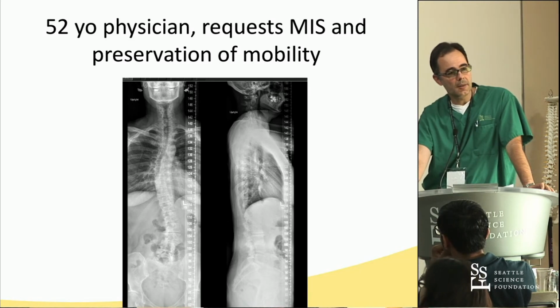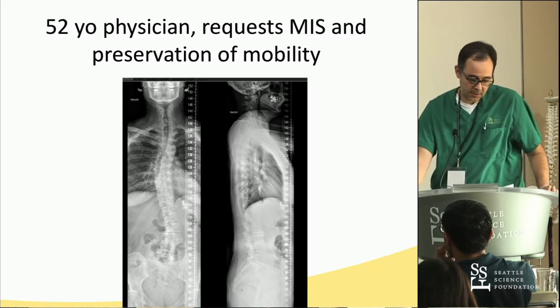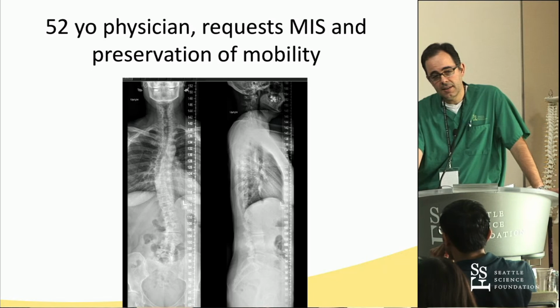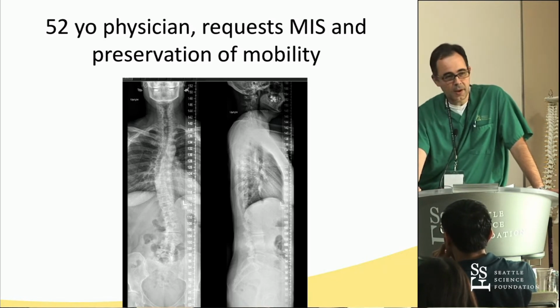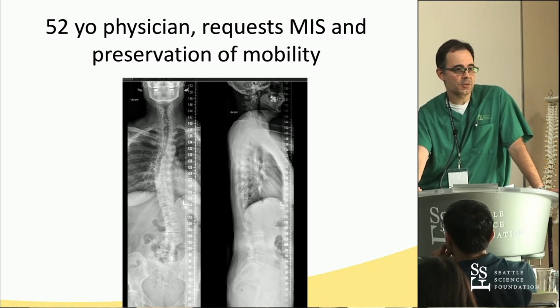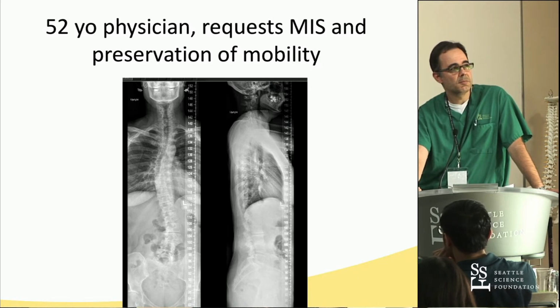So this is a 52-year-old physician who has done some reading on different approaches and comes into the office requesting a trans-psoas approach. I thought she'd be a good candidate for it.